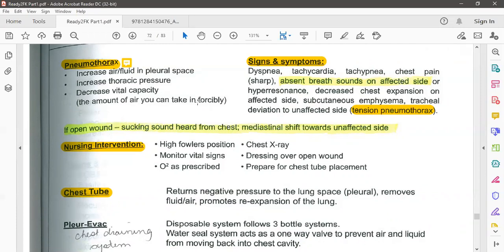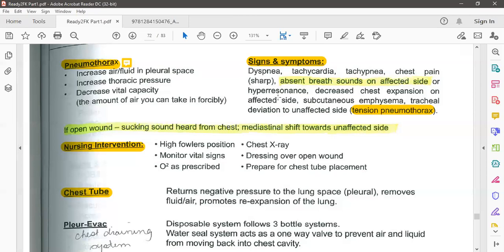If anybody has pneumothorax, the common signs and symptoms: they complain of shortness of breath or respiratory difficulty, which we call dyspnea; tachycardia, an increased heart rate; tachypnea, an increased respiratory rate; chest pain; and absent breath sounds on the affected side.